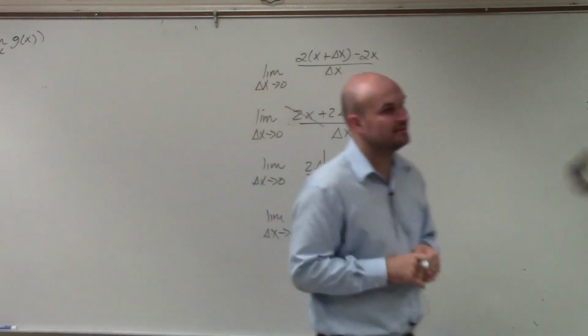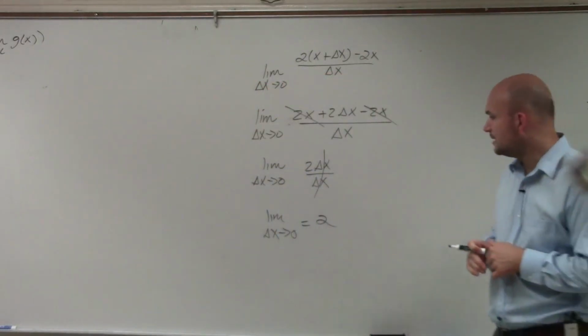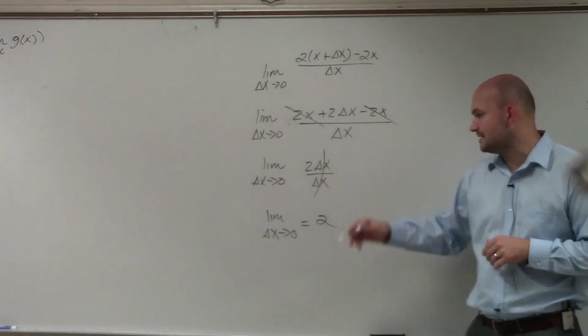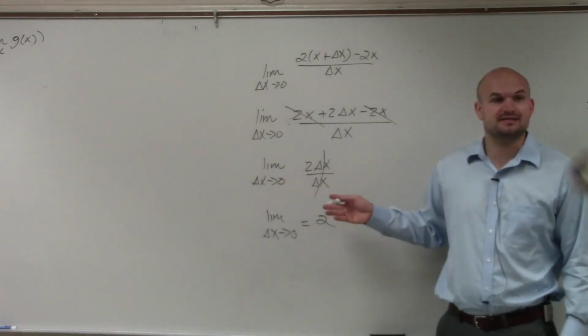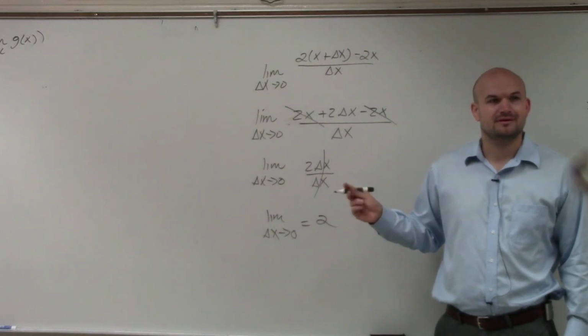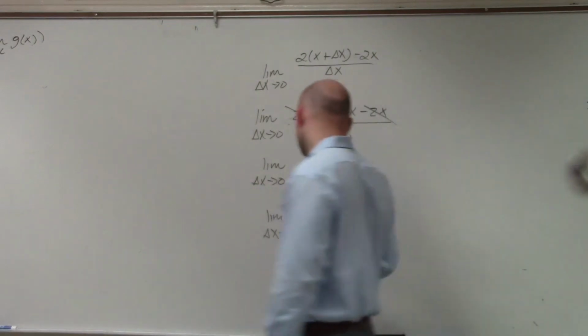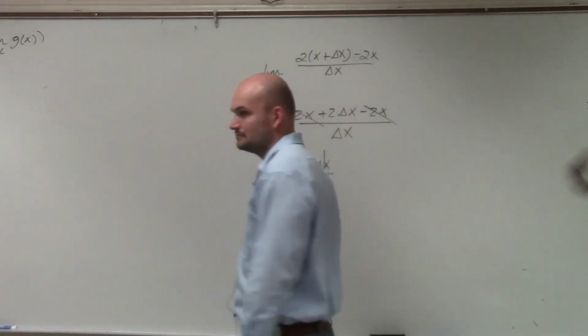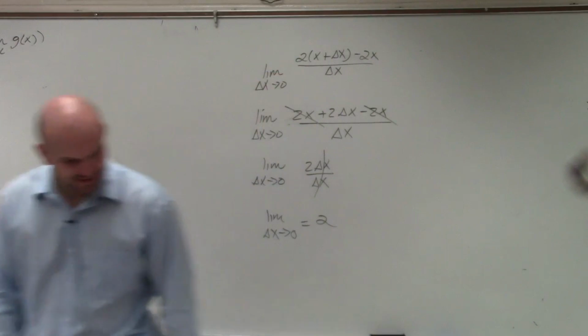And when the limit as x approaches some number equals a constant, then the limit is always going to equal, remember, just your constant. I'll just leave it at that.